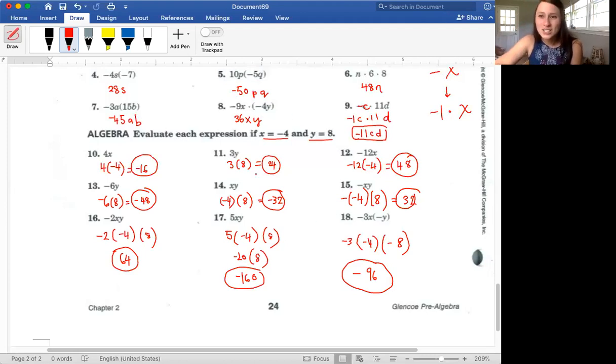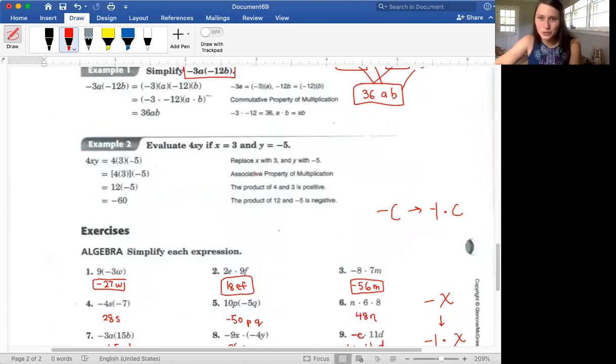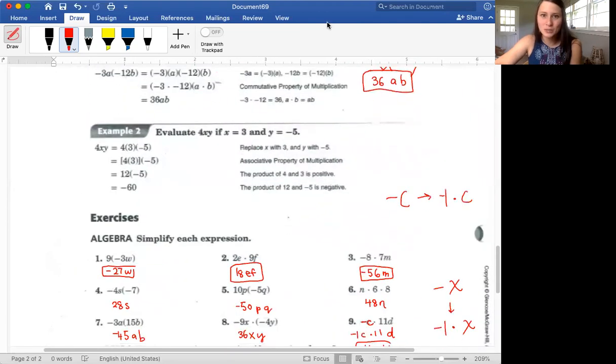If multiplication is rusty for you, you don't remember your multiplication table very well, then I would recommend that you go online, Google multiplication online games, and just play some games. Use that time of if you were playing video games or searching the internet or doing something in your leisure time. Why not play a game that's going to help you get better with your multiplication table and then help you in the future?